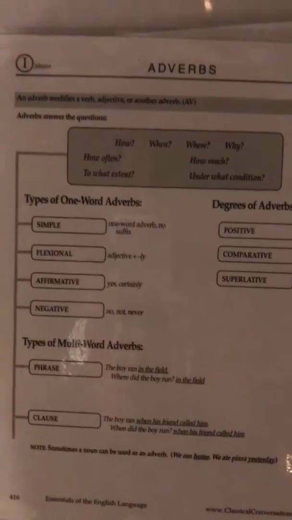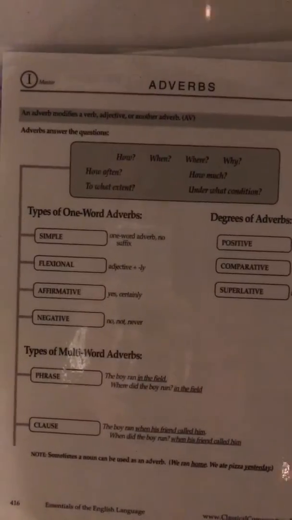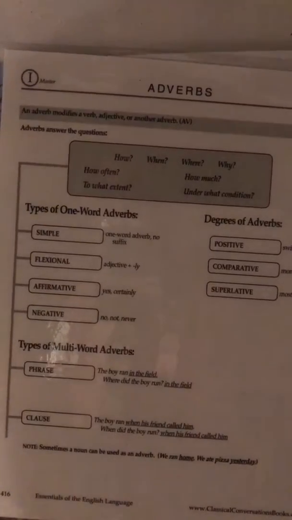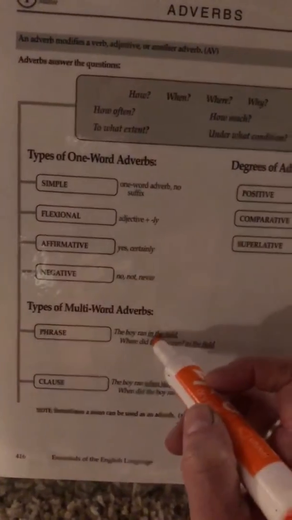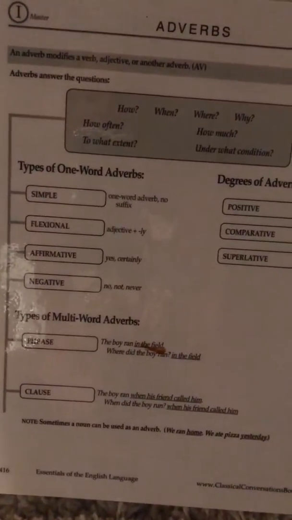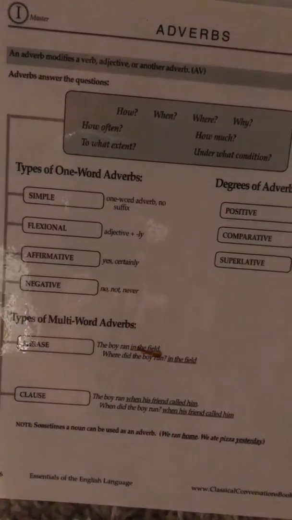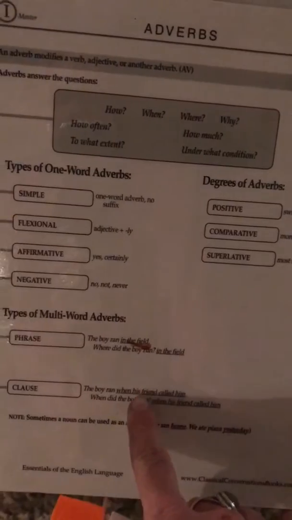And someone actually asked Adlin that this week, what the difference between a phrase and a clause. And that's why it's important to remember the song, a phrase is a group of words that does not contain both a subject and a verb and may be used as a single part of speech, right? So here in the field, that is a phrase, and it's used as a single part of speech, right? So it's an adverb, it's an adverbial phrase. And then a clause is a group of words that does contain both a subject and a verb, right?